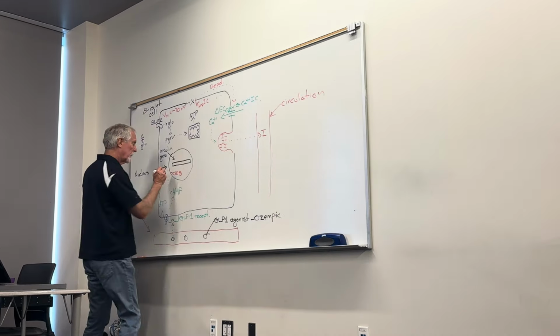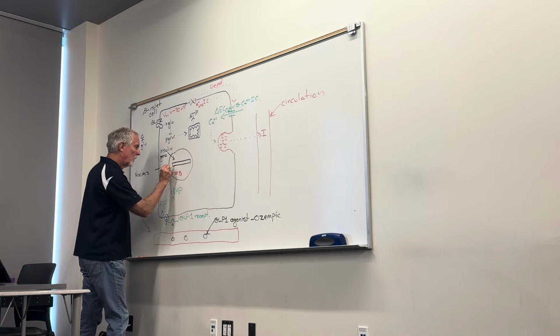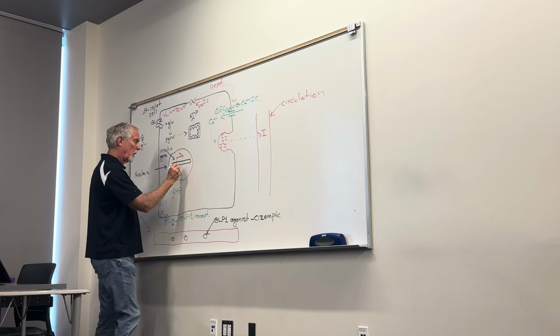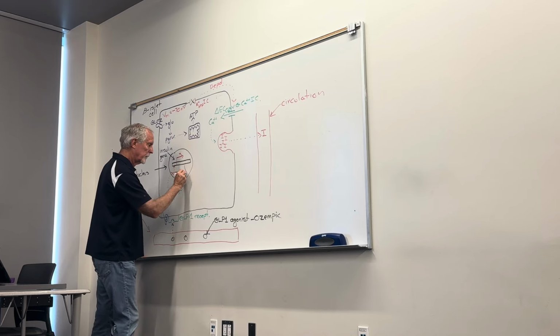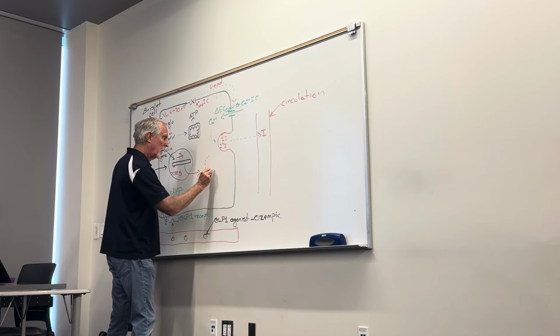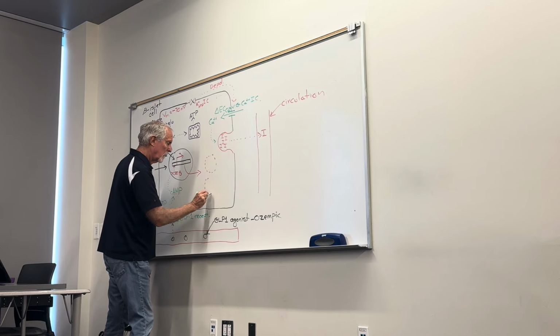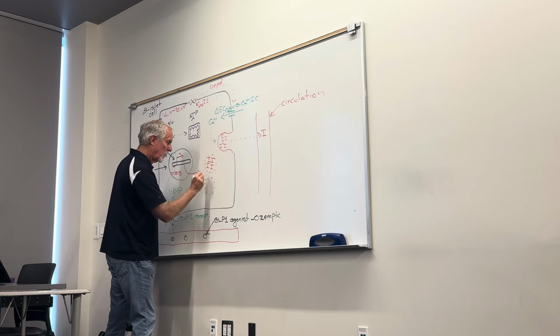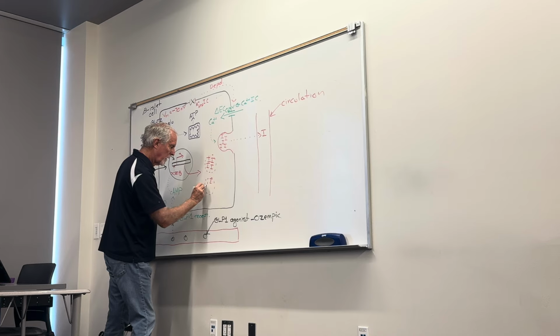And so it binds, and it turns on the promoter. And so what's the consequence? The consequence is that now our beta islet cell is making more insulin. There are more insulin vesicles.